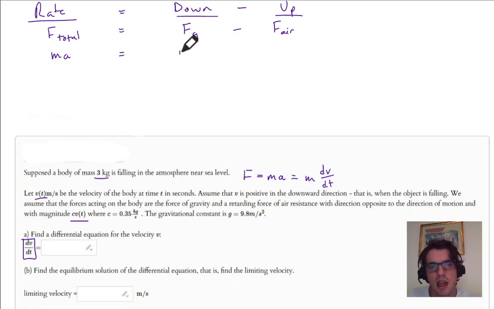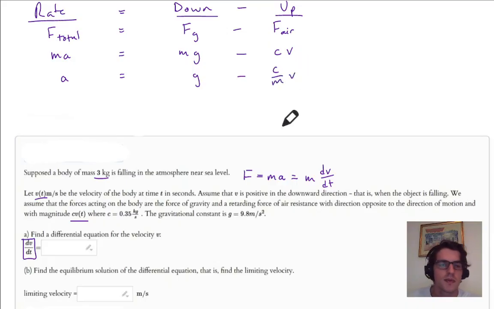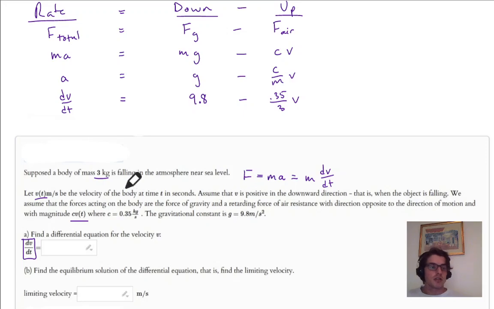Gravitational force is going to be mg. The force due to air resistance we said was cv. Now we can divide by m. We get g minus c over m times v. And a we said is dv/dt. g was stated as 9.8, c was 0.35, and m was 3. So here's our differential equation. That is our answer to part A.